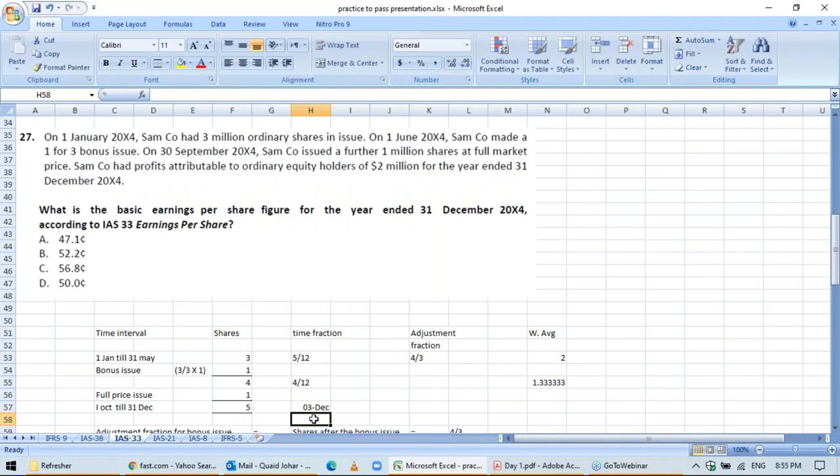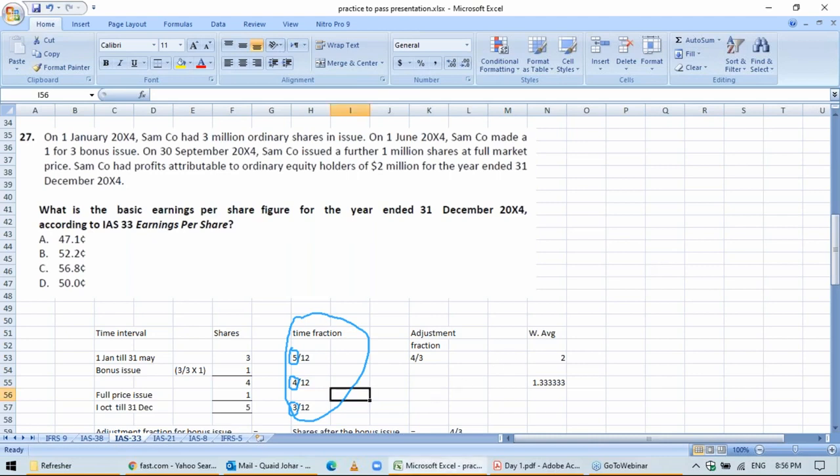So students, please always check that the total months in the time fraction column should make up to 12 months. See, 5, plus 4, 9, plus 3, 12 months. Because the EPS is for 12 months, you should be having 12 months over here. So please do check.